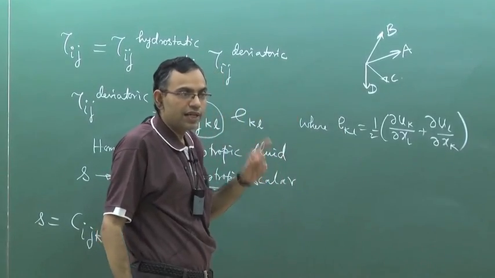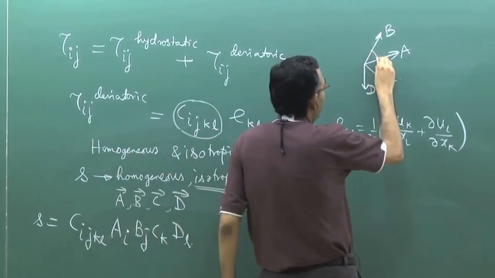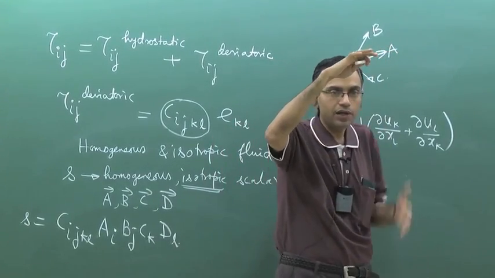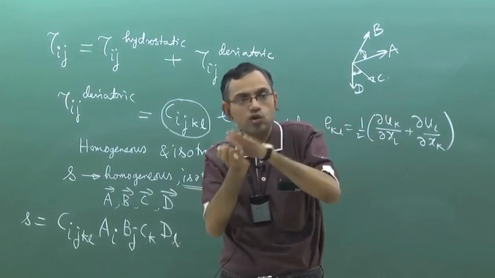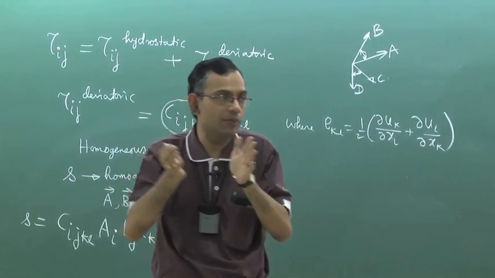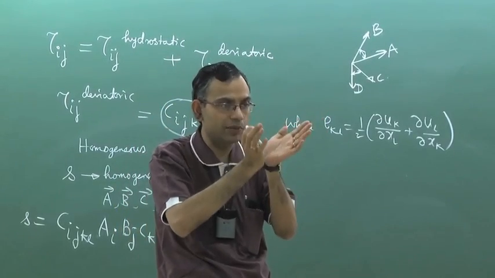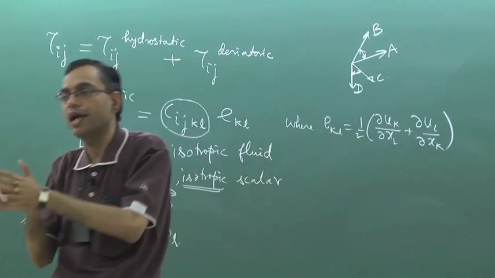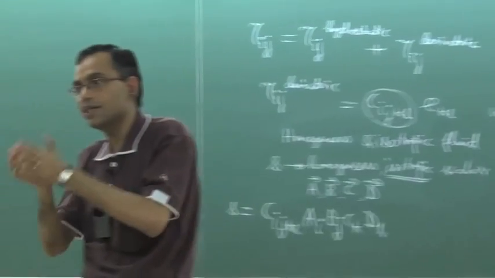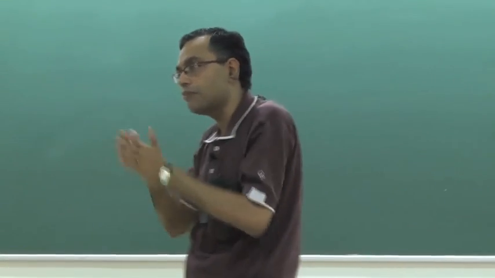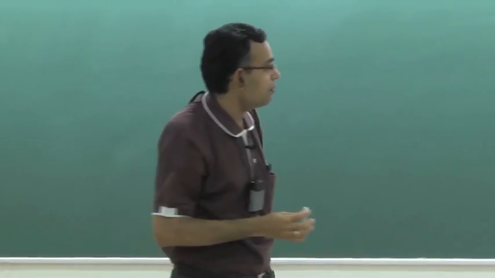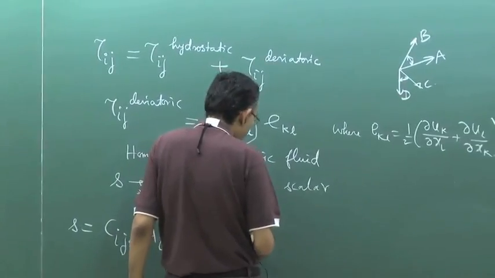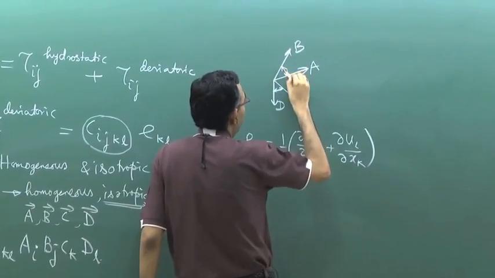The property will depend on the angles between the respective vectors, which are preserved during rotation, not the absolute orientation of the vectors A, B, C, D, because rotation preserves the relative angular position. Whatever was the angle between A and B before rotation, the same will be the angle between A and B after rotation. So this will depend only on the angle between A and B.